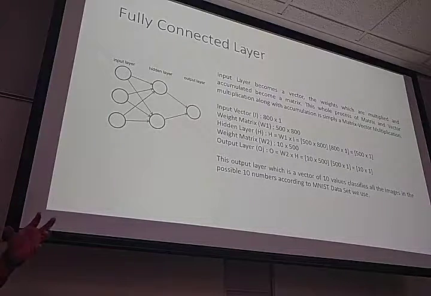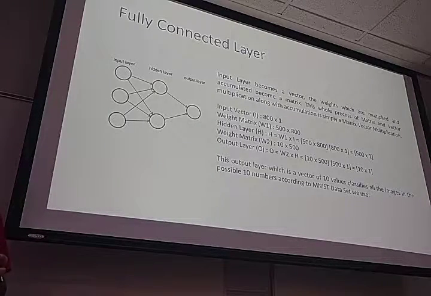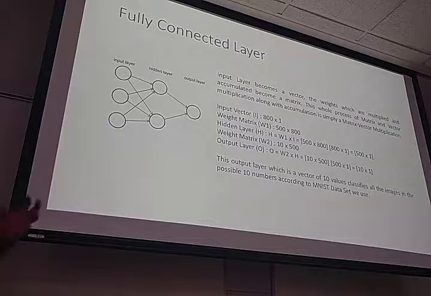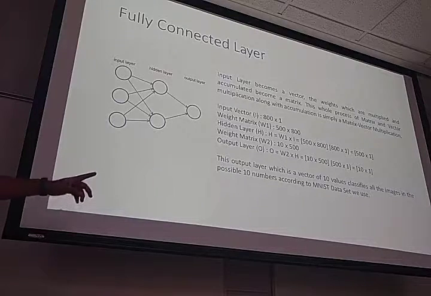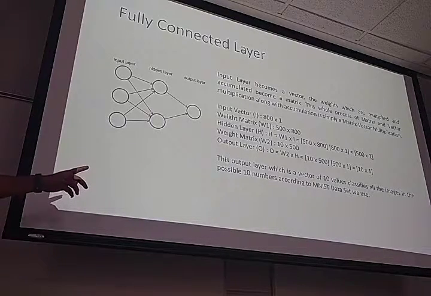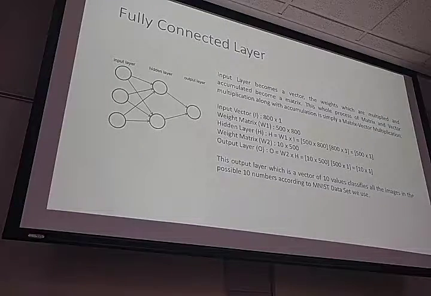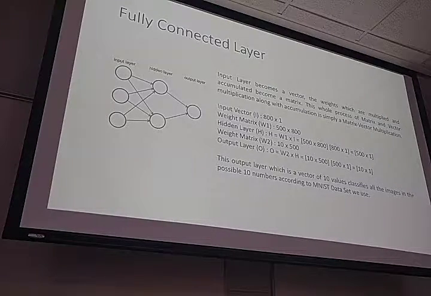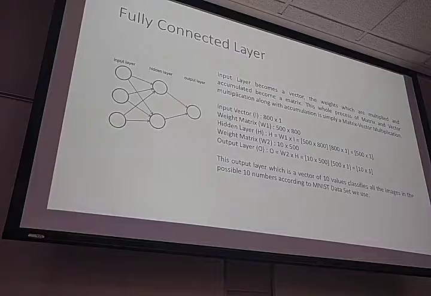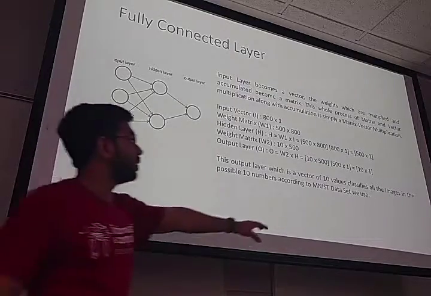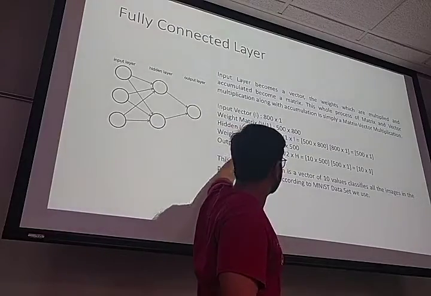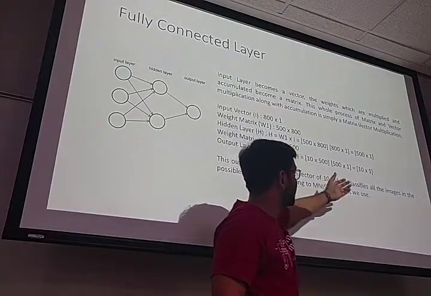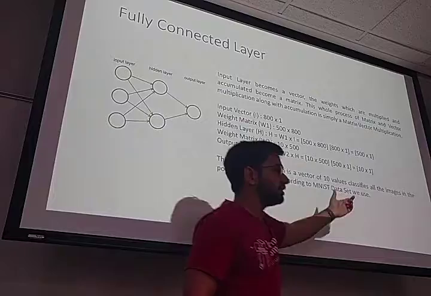The hardware speedup that we are gaining is in the testing phase, where we are actually classifying new images based on our trained model. So we already have a weight matrix W1 of size 500 by 800, and multiplying these two, we get a vector of size 500 by 1, which is our hidden layer. We repeat the same process with a 10 by 500 matrix, and we get a classification vector.